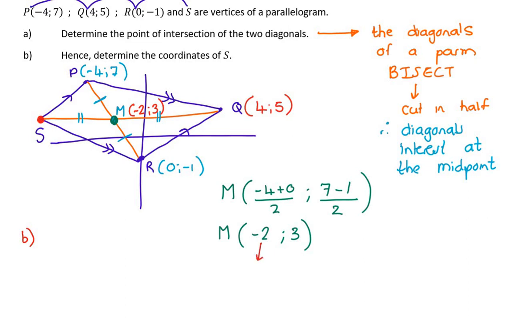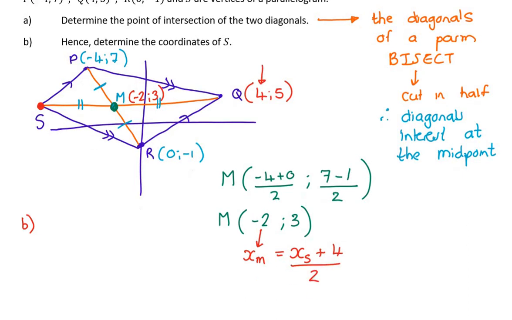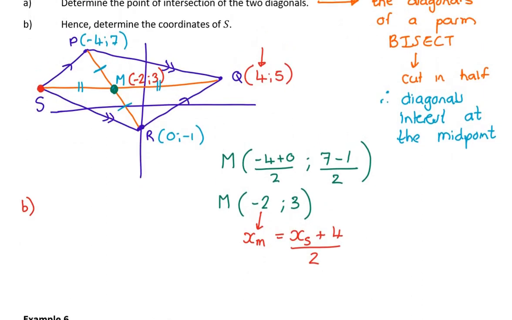One of the ways is to say, right, this is the x value of the midpoint. So it will be equal to the x value of S plus the x value of Q, which is 4, divided by 2. So I therefore know that -2 is equal to the x value of S plus 4, over 2.